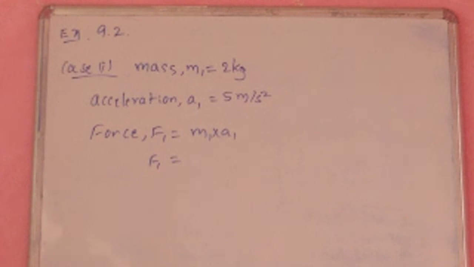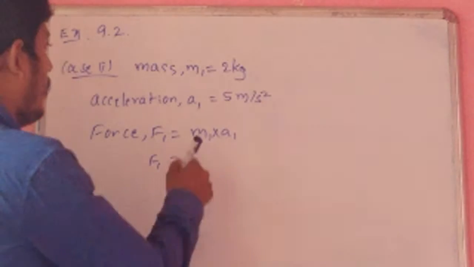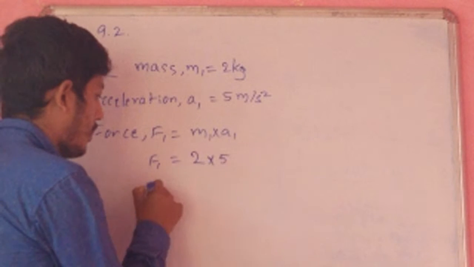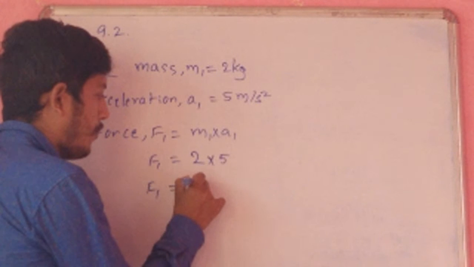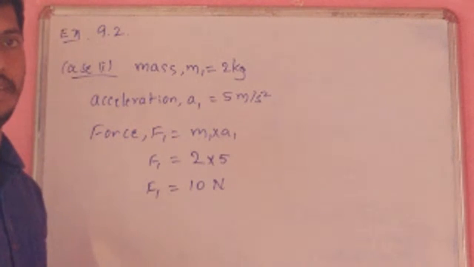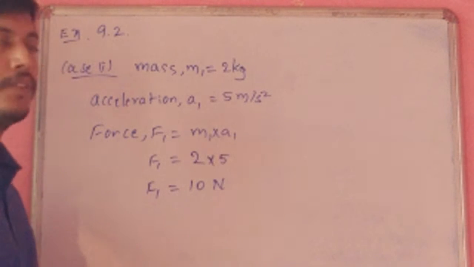Any other answer? So your value of m1 is 2 kg and value of a1 is 5 meters per second square. Therefore f1 becomes 2 5s are 10, and the SI unit of force is Newton. So this is about case 1.